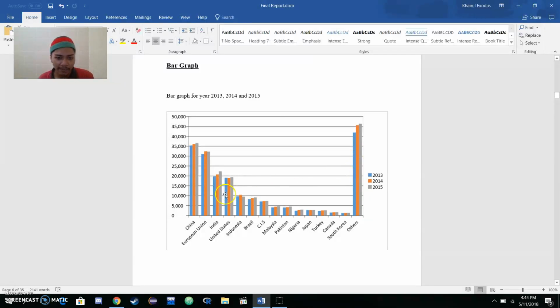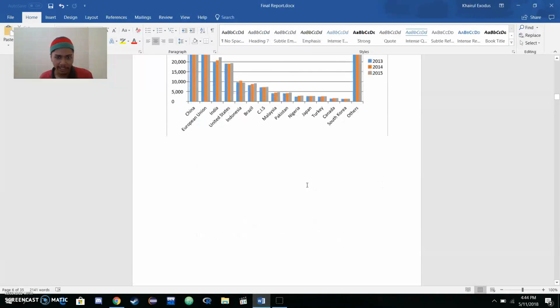The second is China, which scores around 35,000 as a consumer of oil and fats. The lowest one is South Korea, at only around 1,000. So the range between 35,000 and 1,000 is around 34,000.